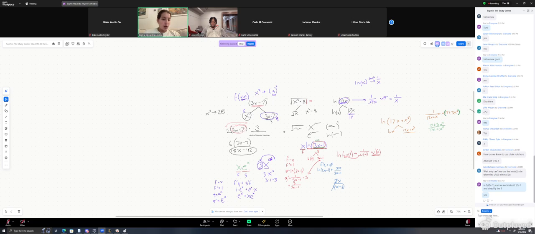So natural log expansion is a really handy tool for differentiating intimidating looking natural logs. Here we've got, for example, natural log of 3x minus 1 over 8x.